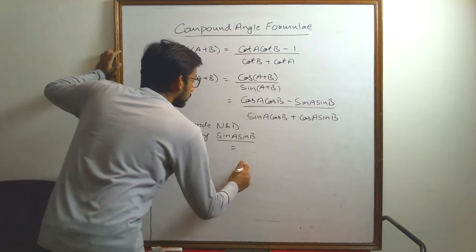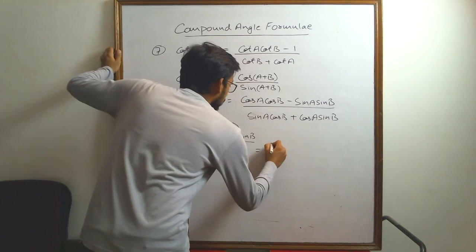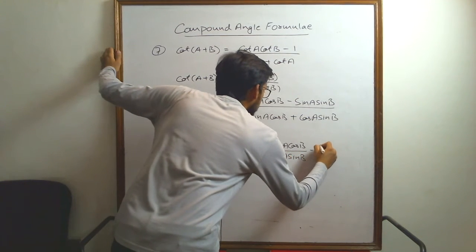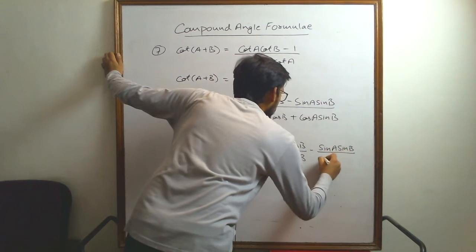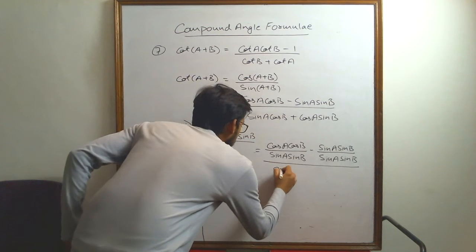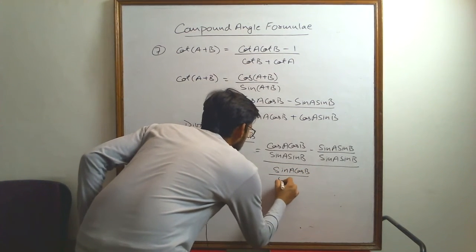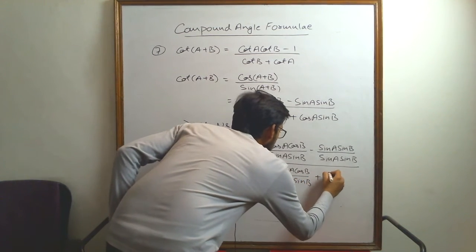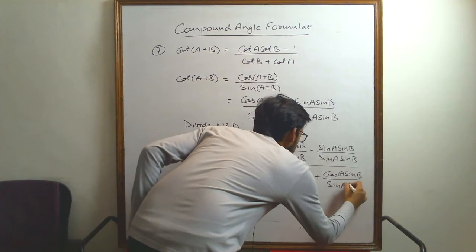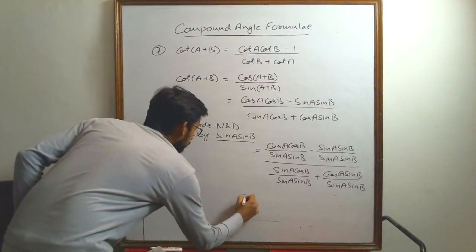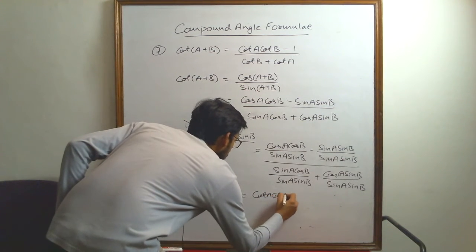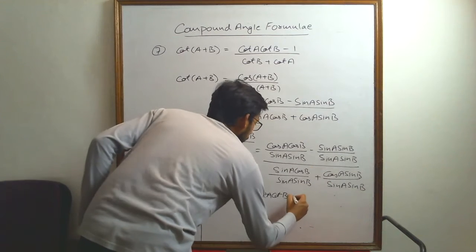So this is equal to cos A cos B upon sin A sin B minus sin A sin B upon sin A sin B, whole upon sin A cos B upon sin A sin B plus cos A sin B upon sin A sin B. So this is equal to cos A upon sin A is cot A, cos B upon sin B is cot B. So cot A cot B, sin A into sin B upon sin A into sin B is 1, so minus 1.